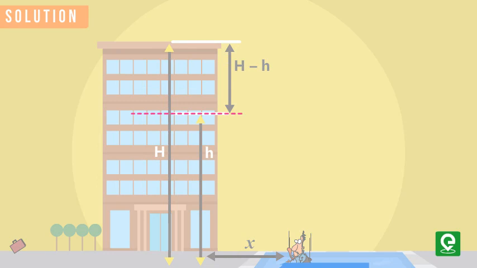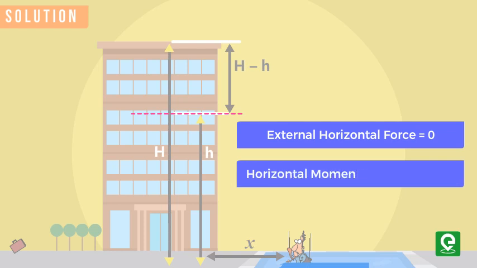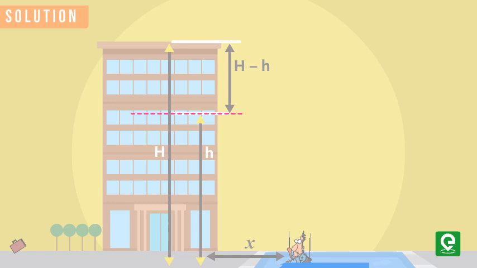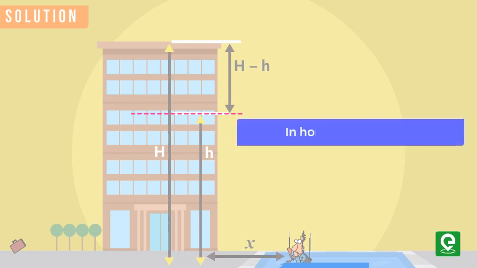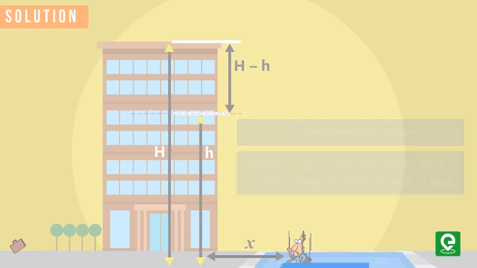Since while traveling in the air, there is no external horizontal force acting on the man and bag system, the horizontal momentum of the system must be conserved. In other words, the magnitude of momentum of the man in the horizontal direction after he throws the bag must be equal to the magnitude of momentum of the bag in the horizontal direction.